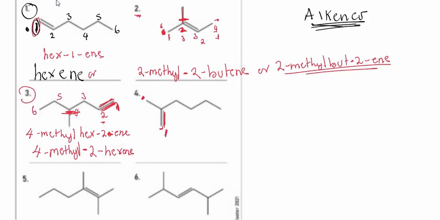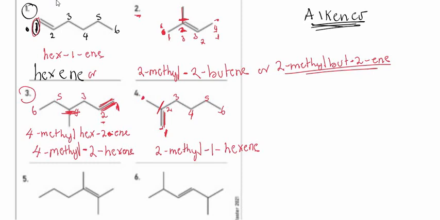This would be my 1, this is my 2, this is my 3, this is my 4, this is my 5, this is my 6, like that. What name exactly? This will be the branch, so that's a methyl. So I have to say 2-methyl. The branch is at position 1, so it will be 1 here, then hexene.